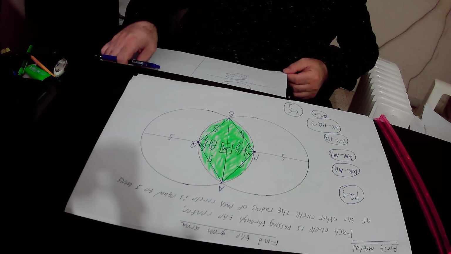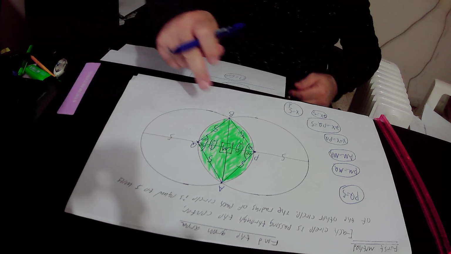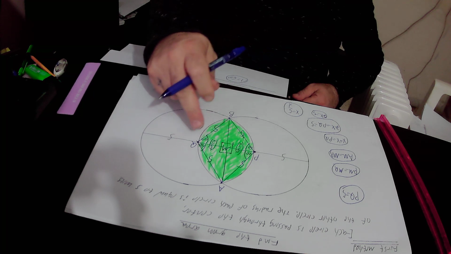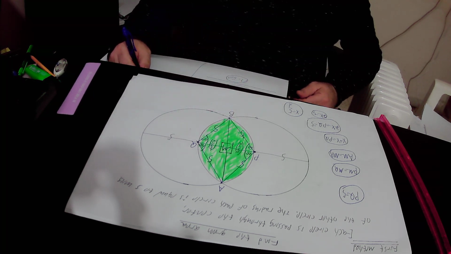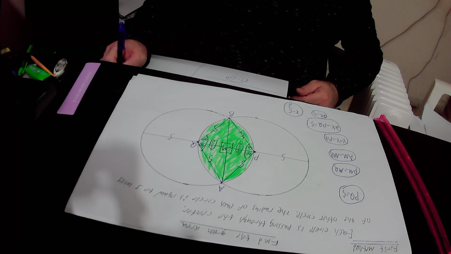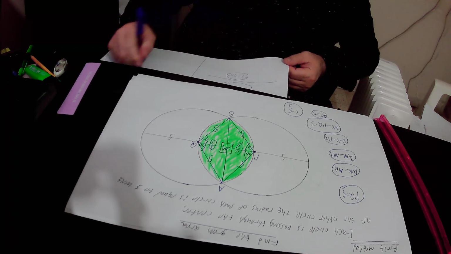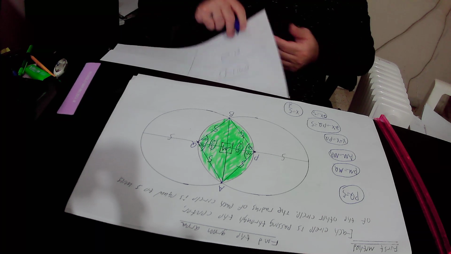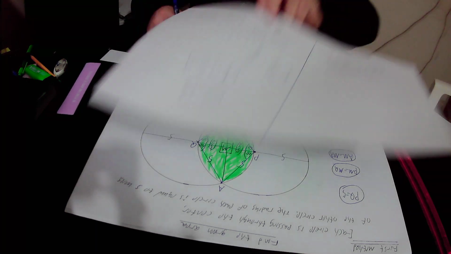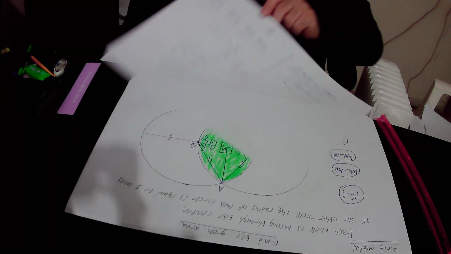So first of all, we know that AP equals AQ equals 5 units.